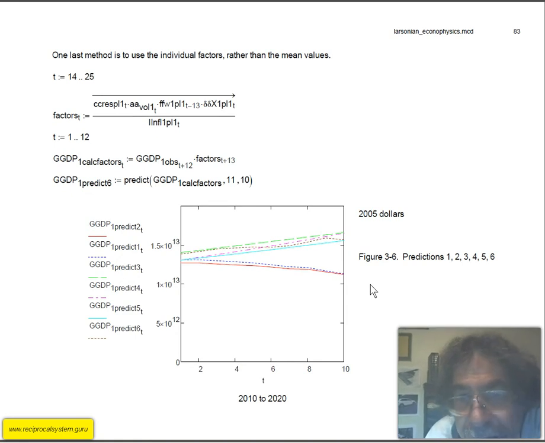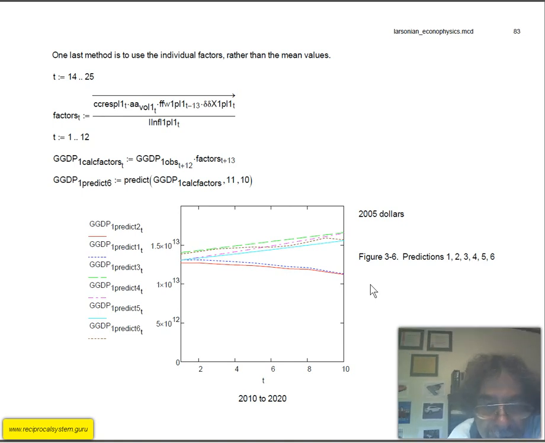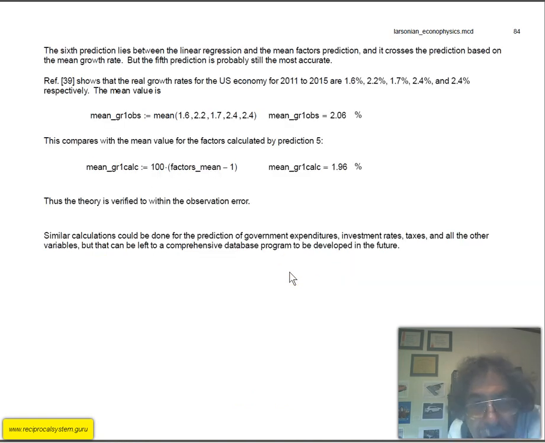So one last method is to use the individual factors rather than the mean values. So again, we use the MathCAD vectorized function, and this is 6 dotted. The sixth prediction lies between the linear regression and the mean factors prediction, and it crosses the prediction based on the mean growth rate. But the fifth prediction is probably still the most accurate.